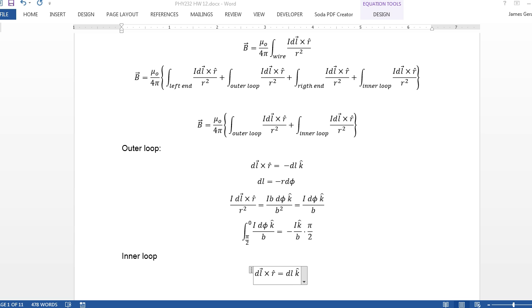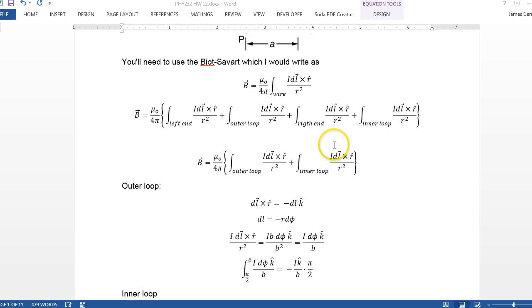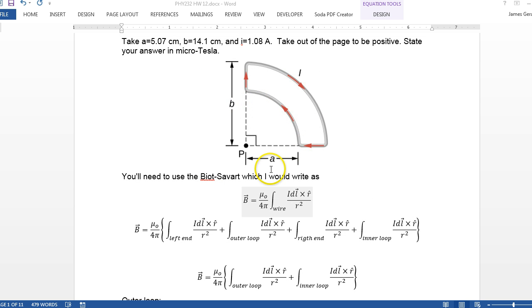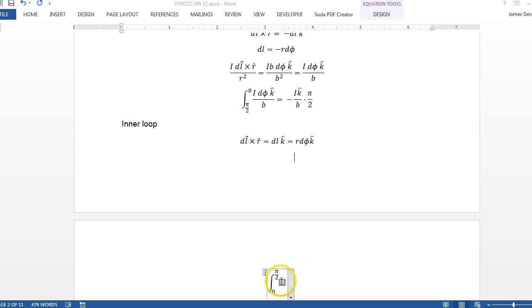And on the inner loop, DL is R d phi K hat. We stick all of this together. Our integral is going to be from 0 to pi over 2, because in the inner loop, we're going from 0 to pi over 2.